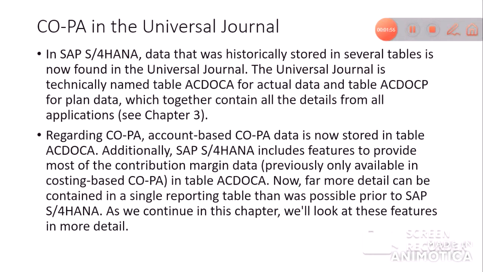Additionally, SAP S/4HANA includes features to provide most of the contribution margin data, previously only available in costing-based COPA, in table ACDOCA. Now, far more detail can be contained in a single reporting table than was possible prior to SAP S/4HANA. As we continue in this chapter, we will look at these features in more detail.